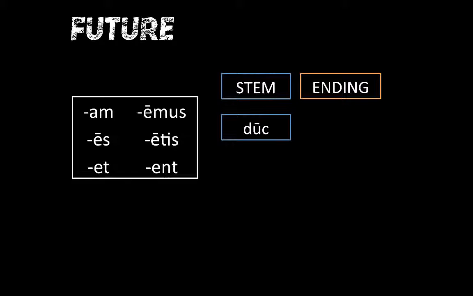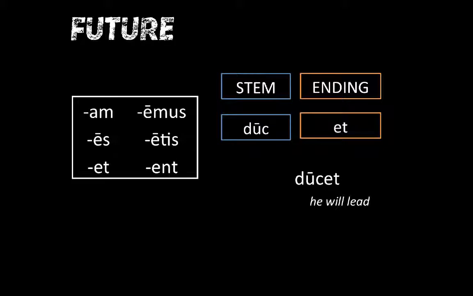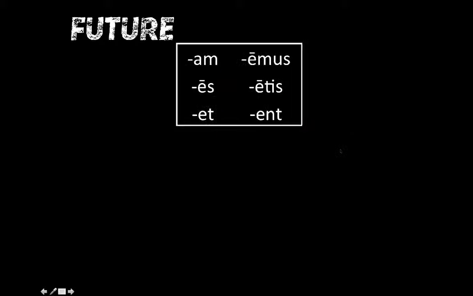So if we have a verb, duc, et, put them together, you've got ducet, which means he will lead. That E right there is going to let me know that this is future. So let's take a look at our third and fourth conjugation verbs as they're actually conjugated in this future form.